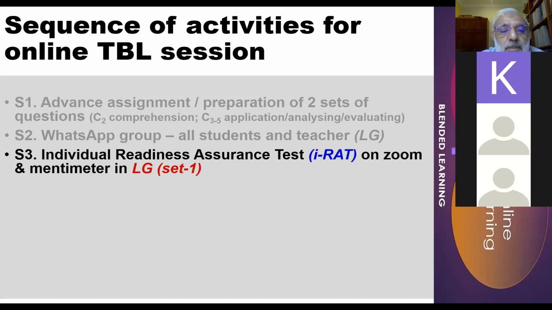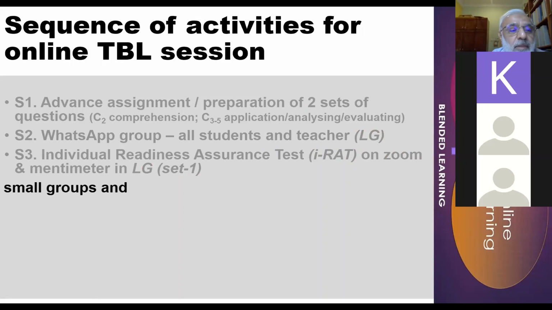Then the individual readiness assurance test is conducted on Zoom and Mentimeter. I'll give a little demonstration after this. So for the first IRAT, the individual readiness assurance test, we need to use Zoom and Mentimeter.